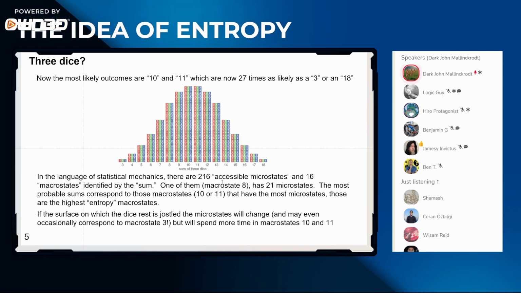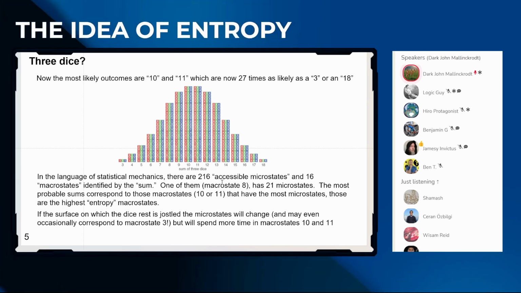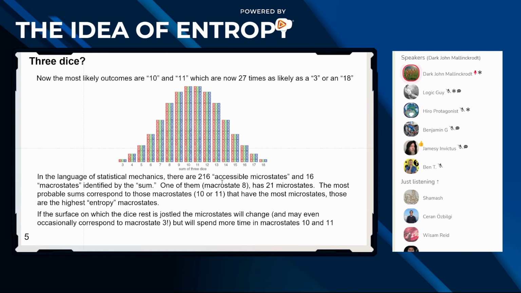But we certainly can't say that this is a system for which the sum is 10 or 11, because there's a very high probability that it'll be something other than 10 or 11. That's one important point here: while 10 and 11 have the highest probabilities, it's much more probable that it'll be in something other than 10 or 11.